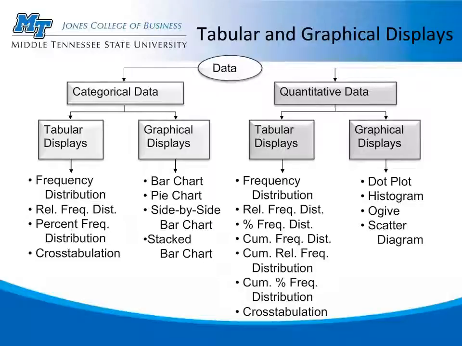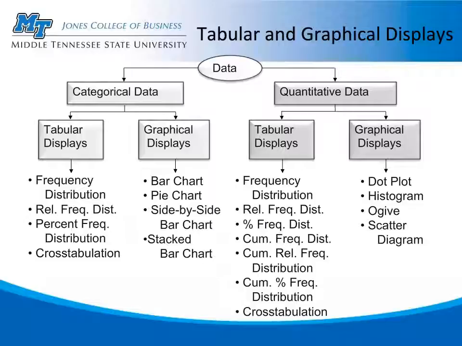Some display types that are purely quantitative in nature include the dot plot, the histogram, the ogive, which is pronounced ogive, and the scatter diagram, when you have two variables when they're paired together.